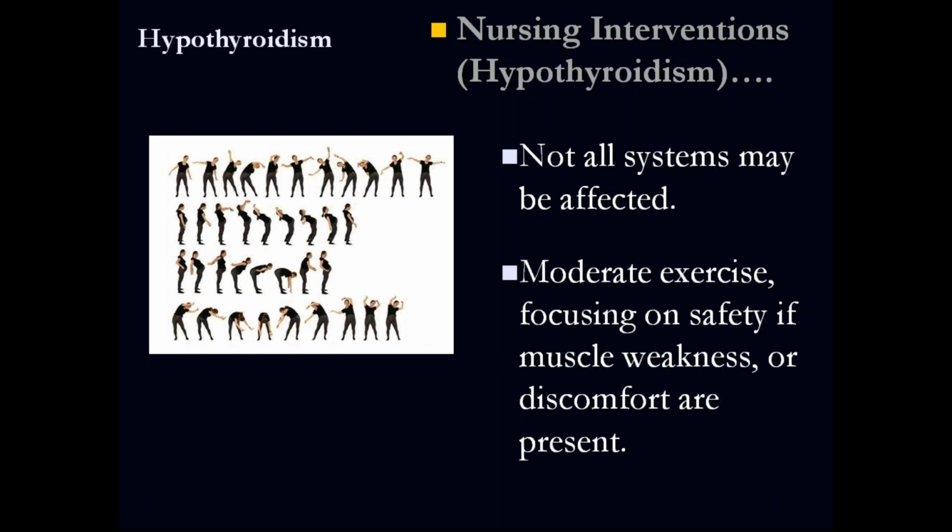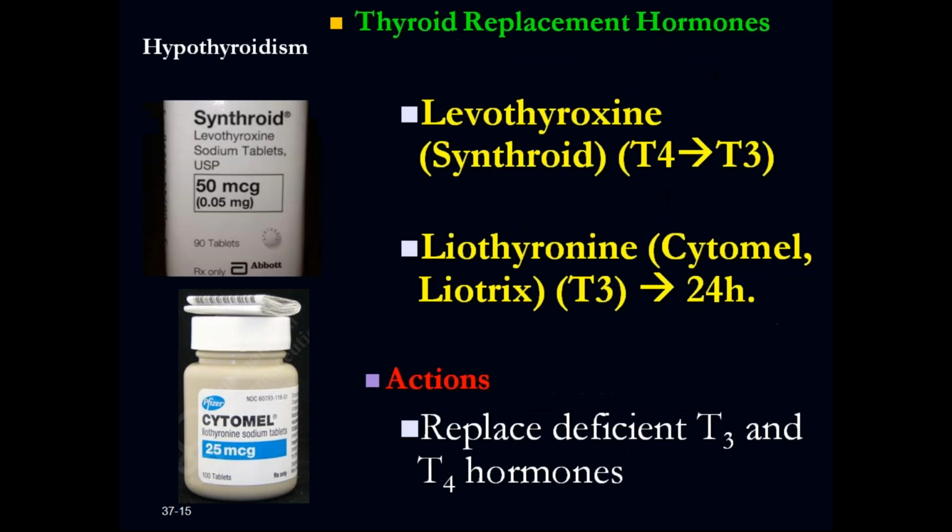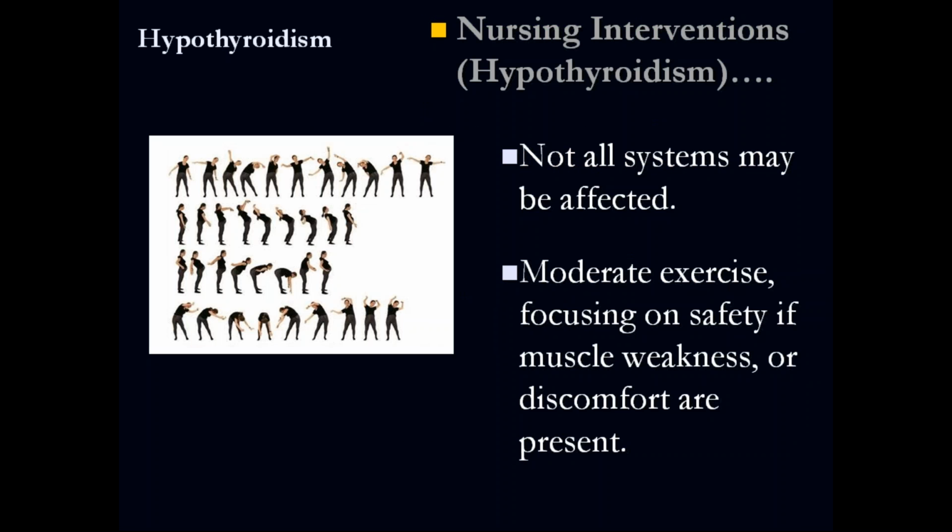We don't check the T3. Okay, so let's keep going. All right, so not all systems are going to be affected. Moderate exercises, that means they are trying to make an equilibrium, a balance, a steady physical activity during their life, because otherwise the needs of hormones will be different.